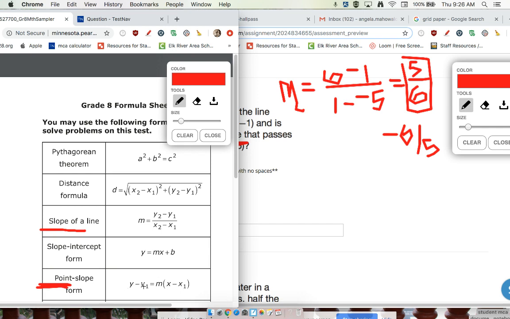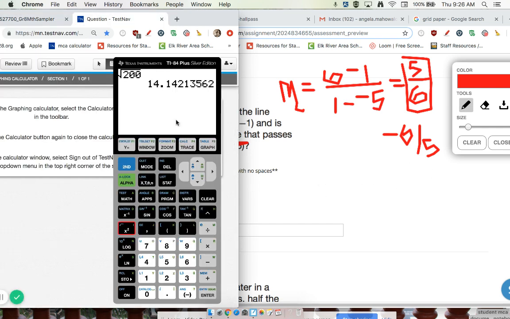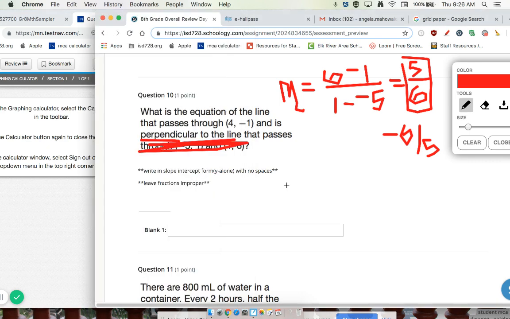So y, take away the y they gave you, is equal to the slope times (x, take away the x they gave you). You're going to have fractions, but good thing we have this calculator.